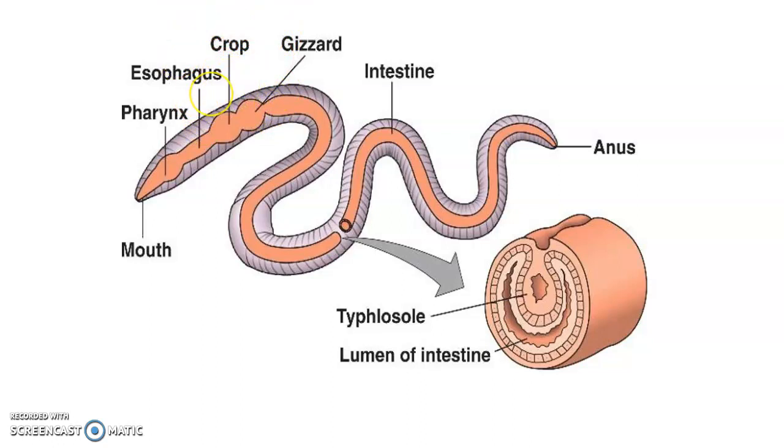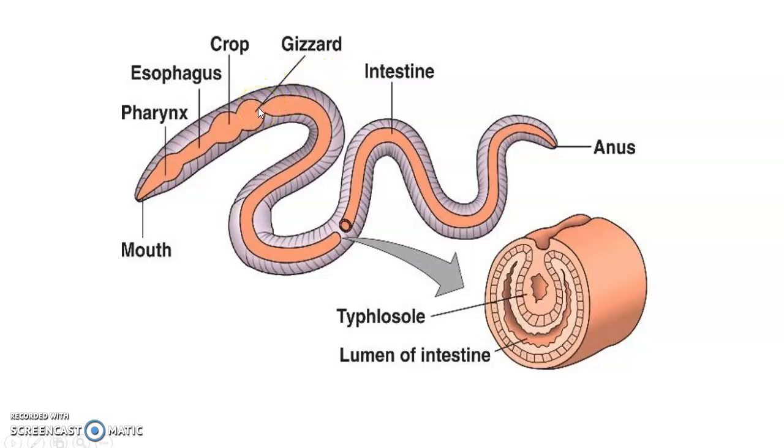And so the crop is squishy. It is able to expand and get fuller, or if the worm, for whatever reason, just didn't eat a lot, it's able to shrink back. So the crop is going to be a holding tank for the food, a waiting area for the food to clear out of the lower parts of the digestive tract.